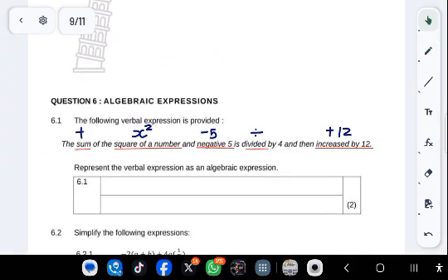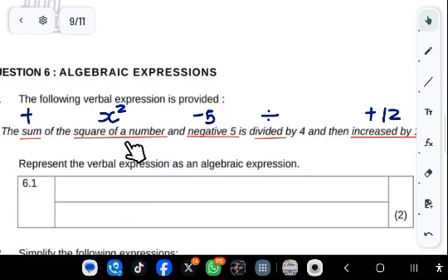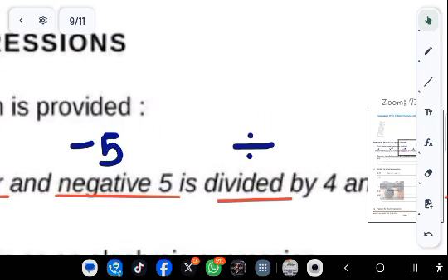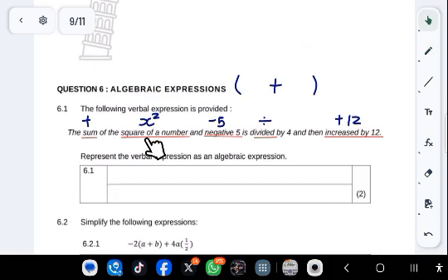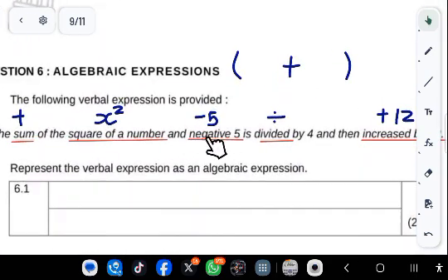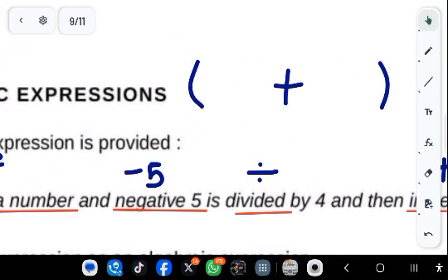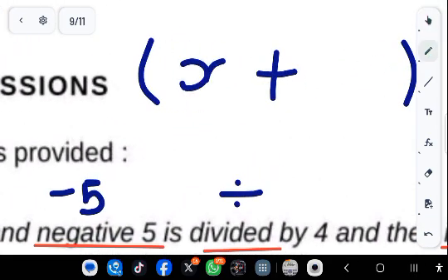They say the sum of the square of a number. The sum, we know we're going to be adding, but the question is, what are we adding? The sum of the square of a number and negative 5. Yes, so we're adding x squared and negative 5.